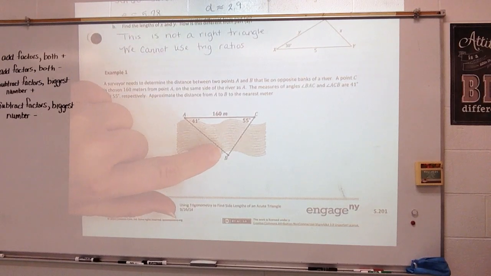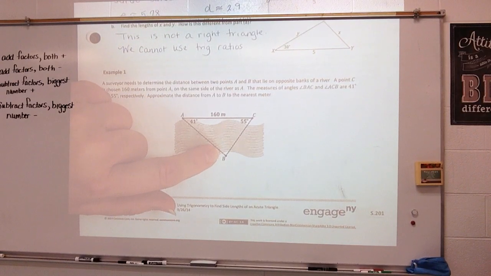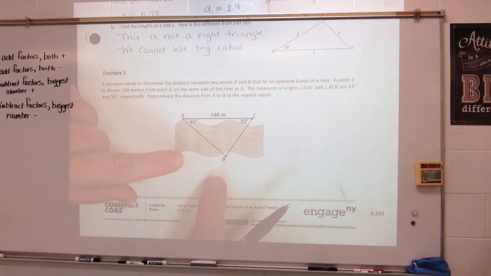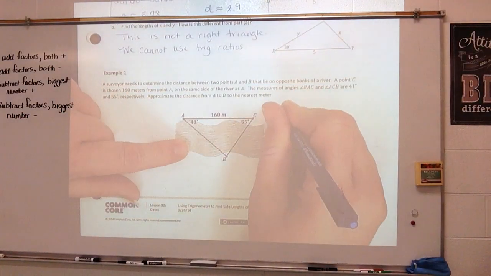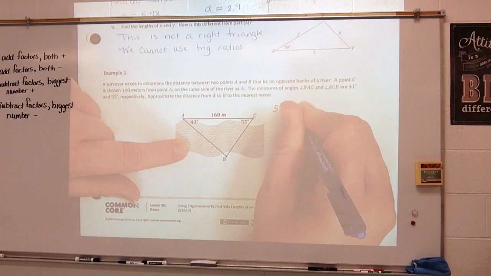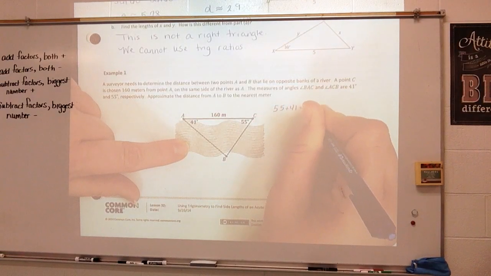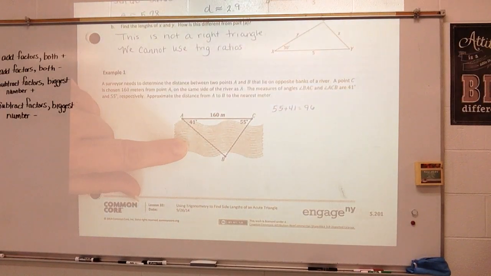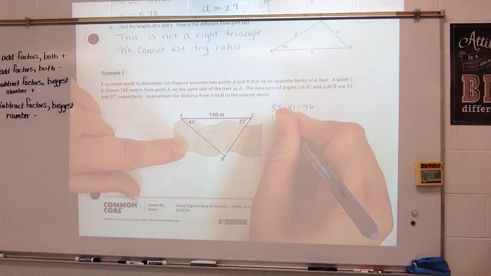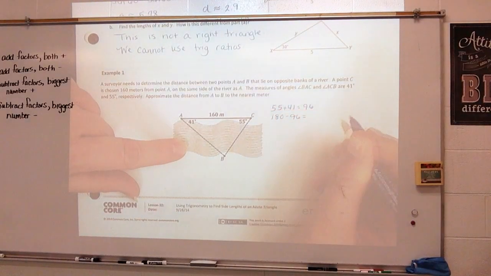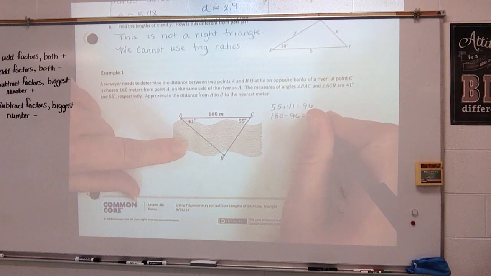Can I figure out this angle here? I can, because 55 plus 41 is equal to 96, and then I can subtract that from 180, so I get 84.